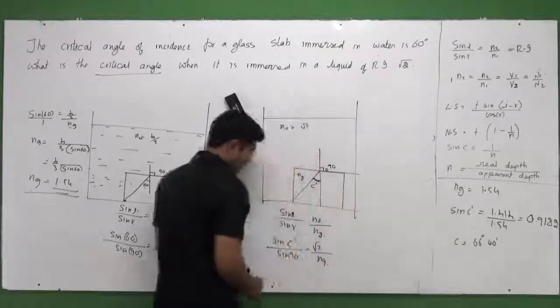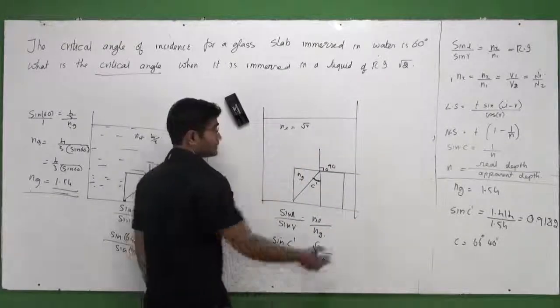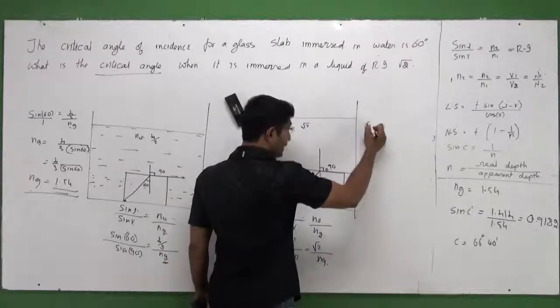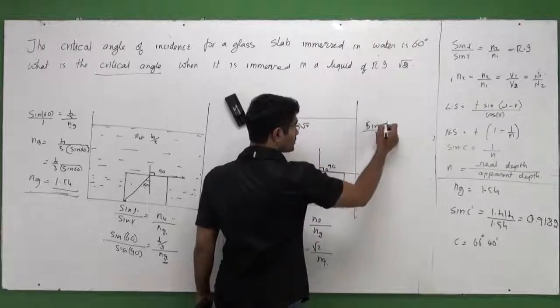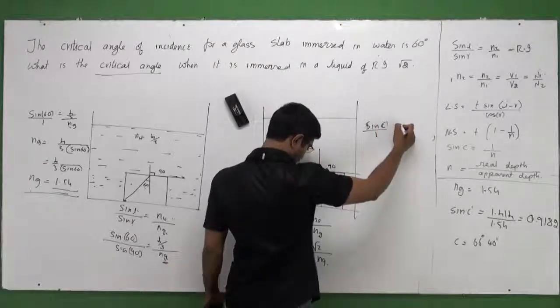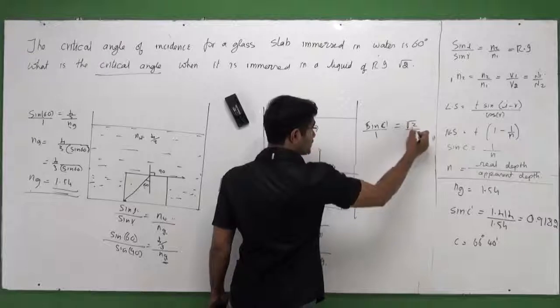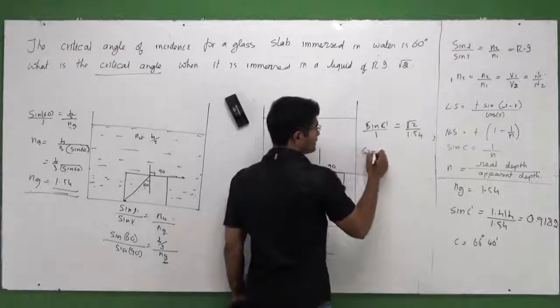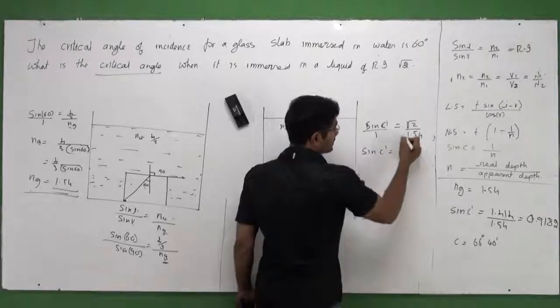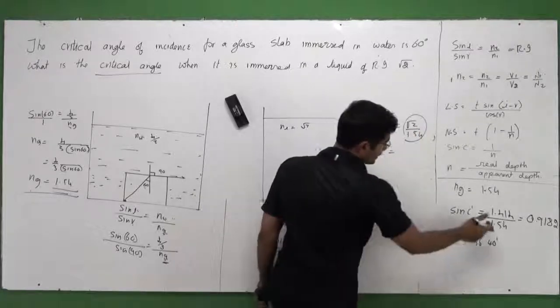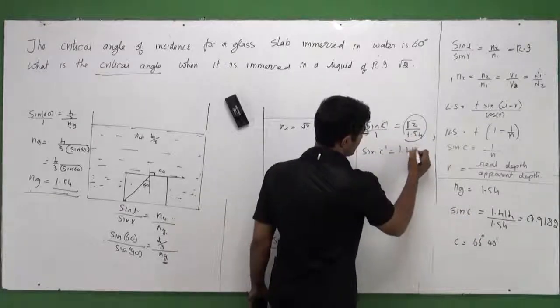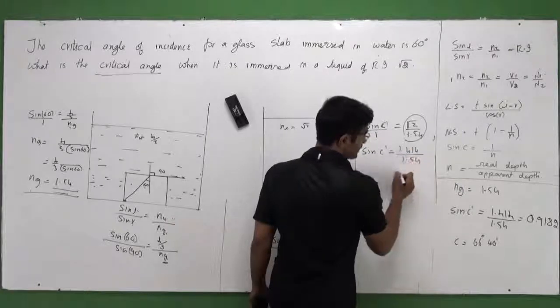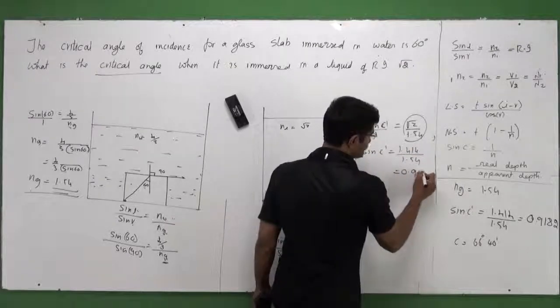Now come back to this one. From here, I'm looking for C dash. So sine of C dash by 1 is equal to root 2 divided by NG, which is 1.54. Now let's see what sine C dash is. If I divide these two, I'll get 1.414 divided by 1.54, that is 0.9182.